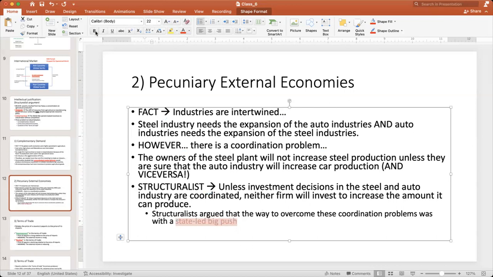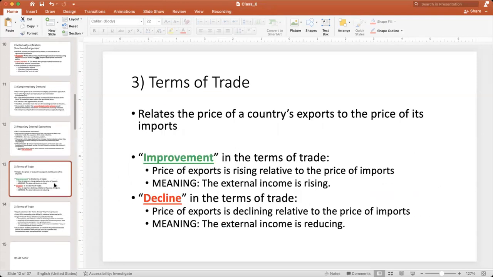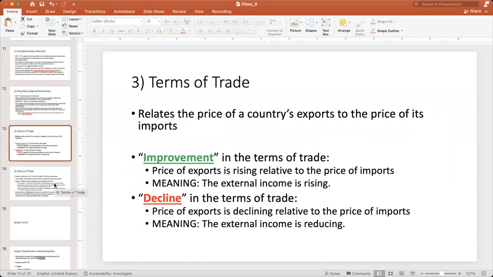This is not a market reform; it is a prerogative of the state to move the production factors from the agricultural sector to the manufacturing sector. The third problem, according to the structuralism, is related to the terms of trade.